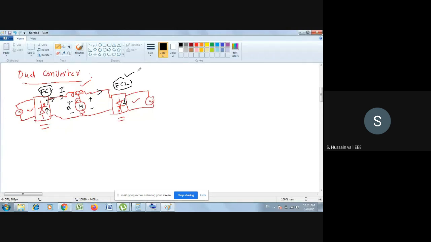When you operate full converter 2, the current flows from load to the source. When you operate full converter 1, the current flows from source to the load, but in both cases the voltage is positive itself. This is the purpose of the dual converter. If you take one full converter, the current is always in only one direction.